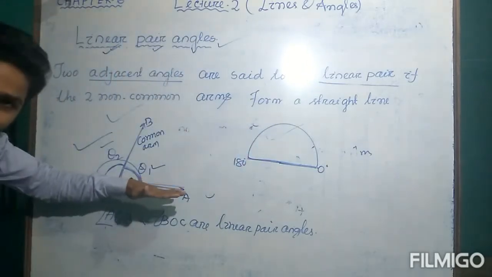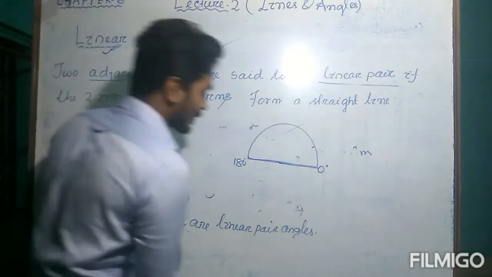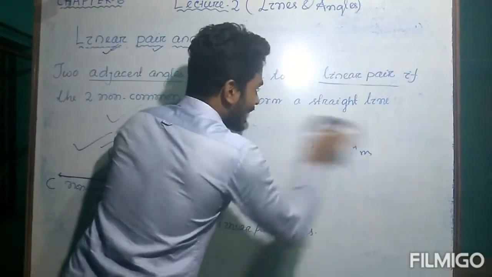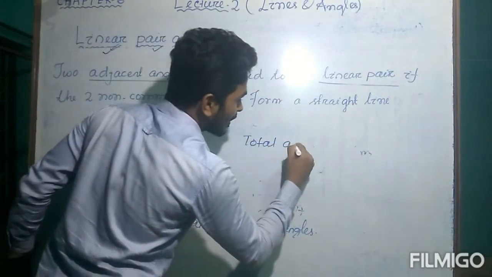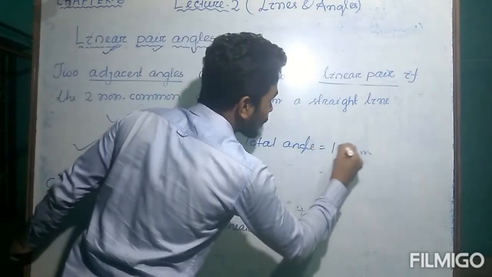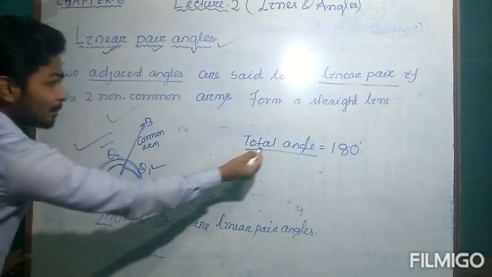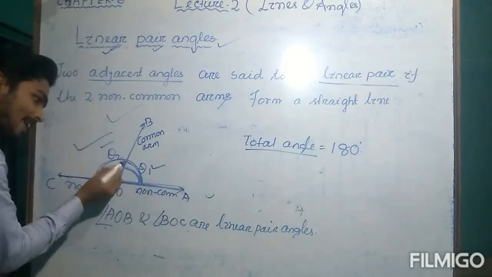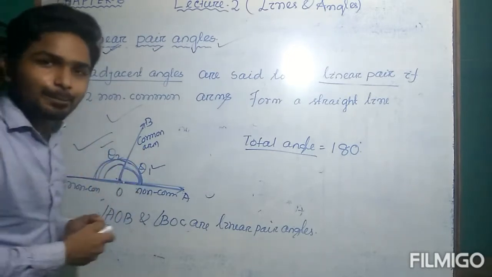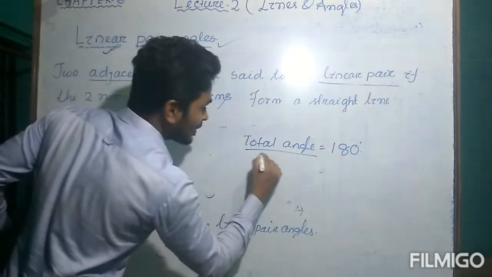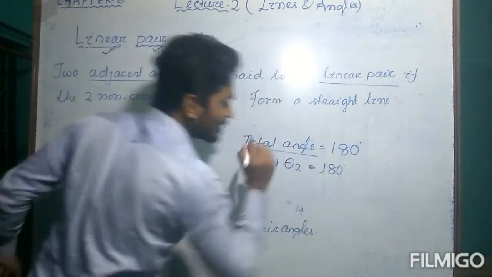Similarly, it is also a straight line, so the total angle is 180 degrees. In place of the total angle, you can write theta 1 plus theta 2, because these two angles are combined to form the total angle. So theta 1 plus theta 2 is equal to 180 degrees.